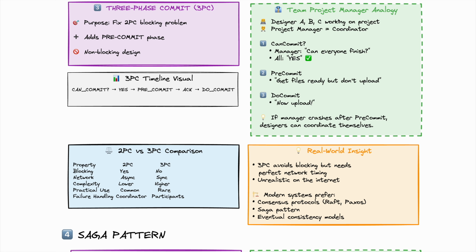So basically, we are adding one more operation here. Instead of committing directly, we first ask whether they are ready to commit, and after that we send do commit. It's the third phase, after which all of the participants commit their transaction.